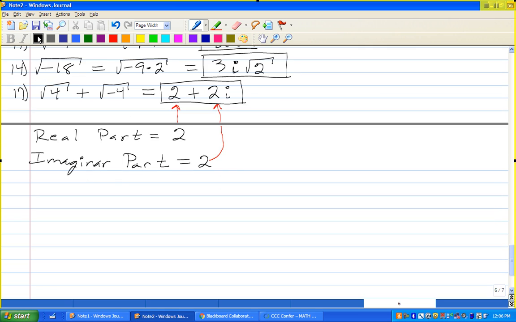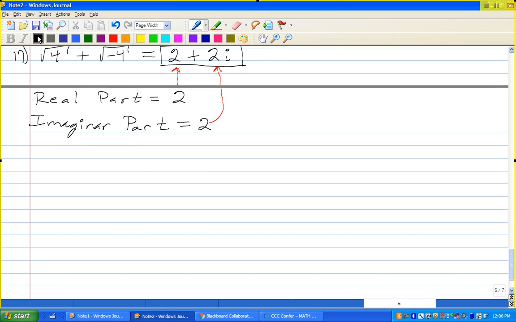Let me do problem number 22. The square root of negative 13. So this is just square root of a negative number. It's just I rad 13. That's written in standard form.